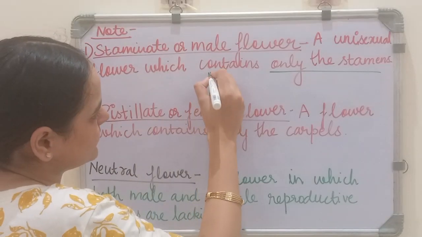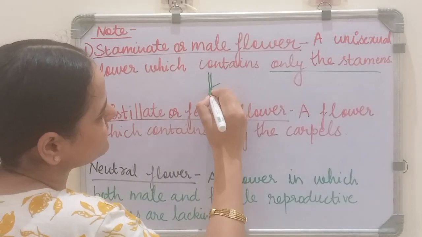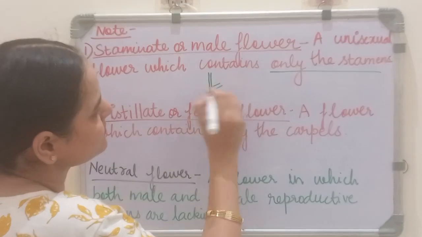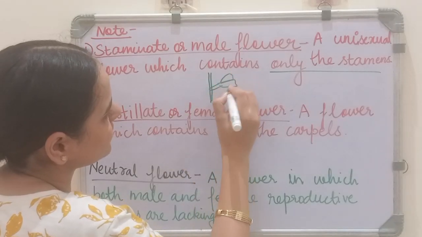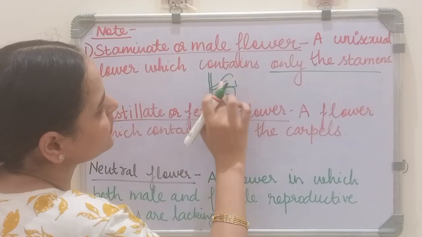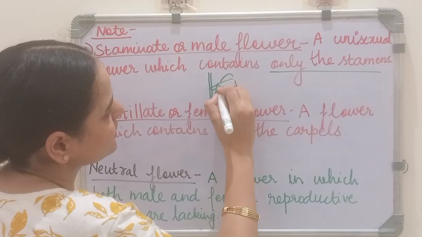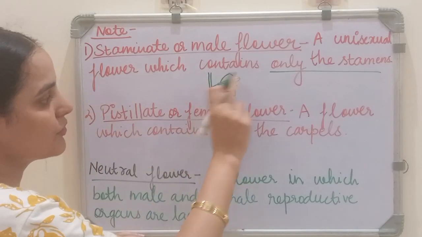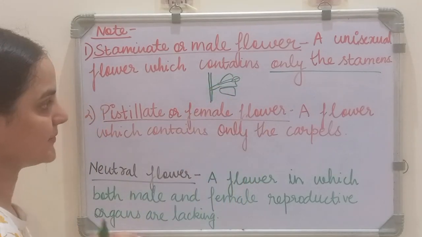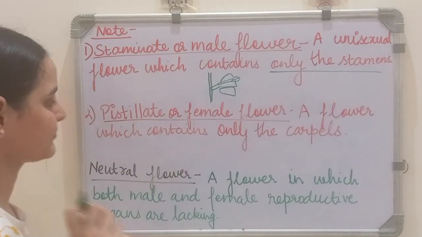Suppose this is the stem, okay, and here suppose this is the flower, this is the petal. Okay, I'm drawing the petal and here you can see only the stamens, means having filament and anther. You won't see pistil present here. So that is staminate flower.